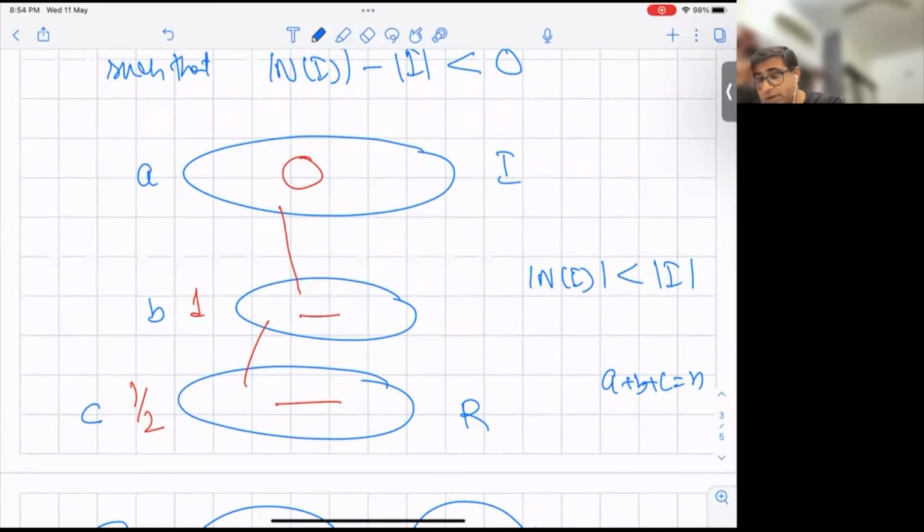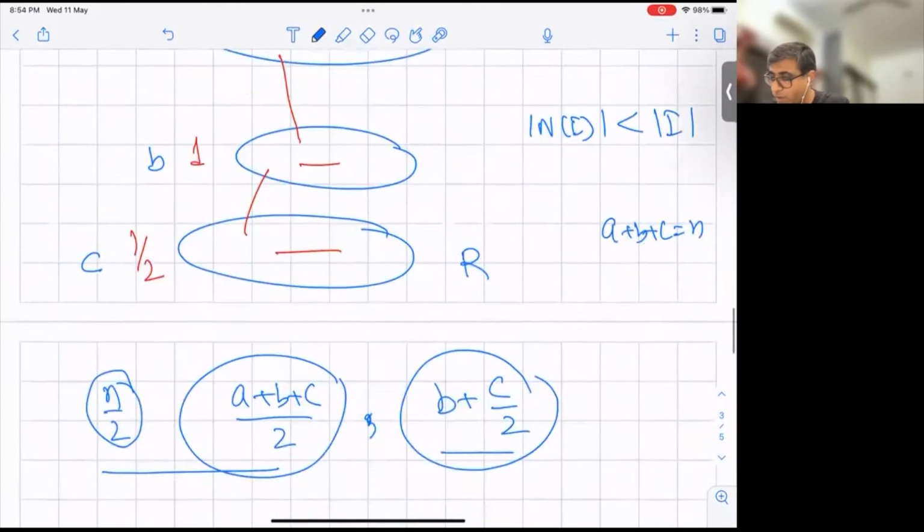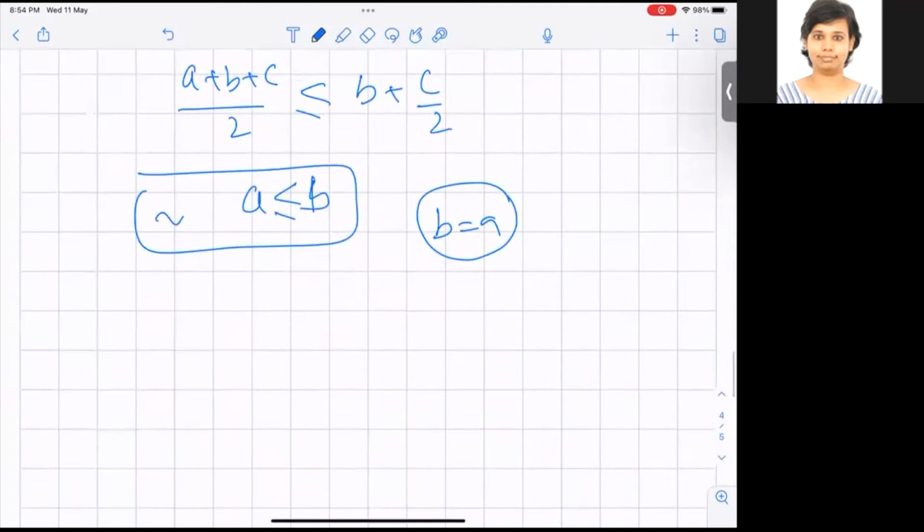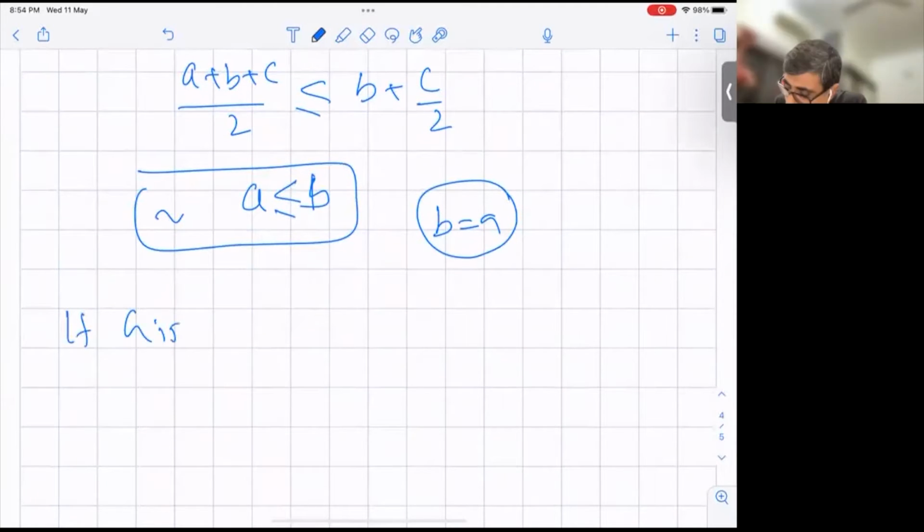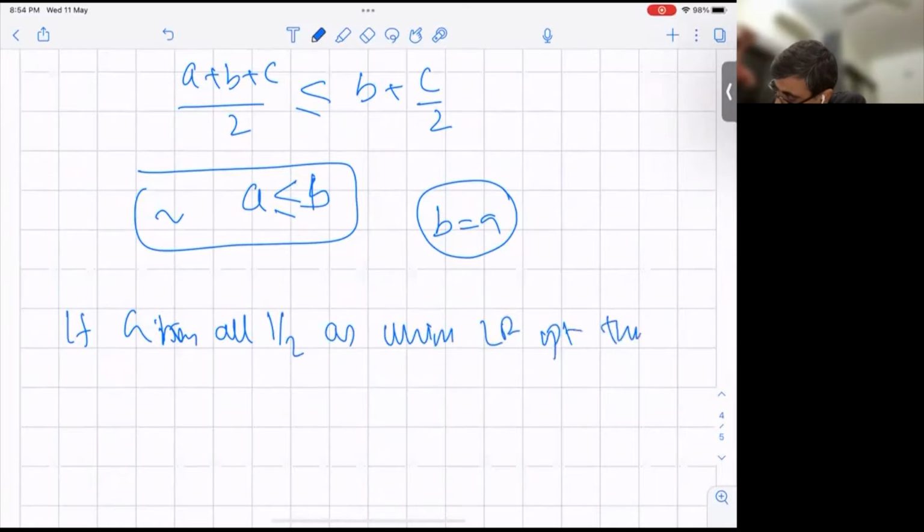Correct. Right? So it implies that in fact, if G has all half as unique LP opt, then surplus of my graph is greater than or equal to 1. Is that fine with everybody?